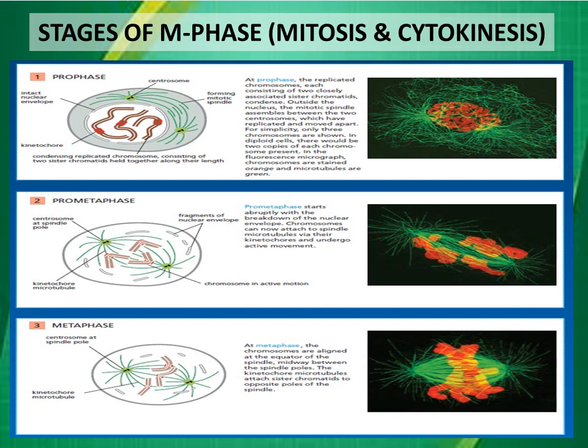Prometaphase starts abruptly with a breakdown of the nuclear envelope. Chromosomes can now attach to spindle microtubules via their kinetochores and undergo active movement. Metaphase. At metaphase, the chromosomes are aligned at the equator of the spindle, midway between the spindle poles. The kinetochore microtubules attach sister chromatids to opposite poles of the spindle.